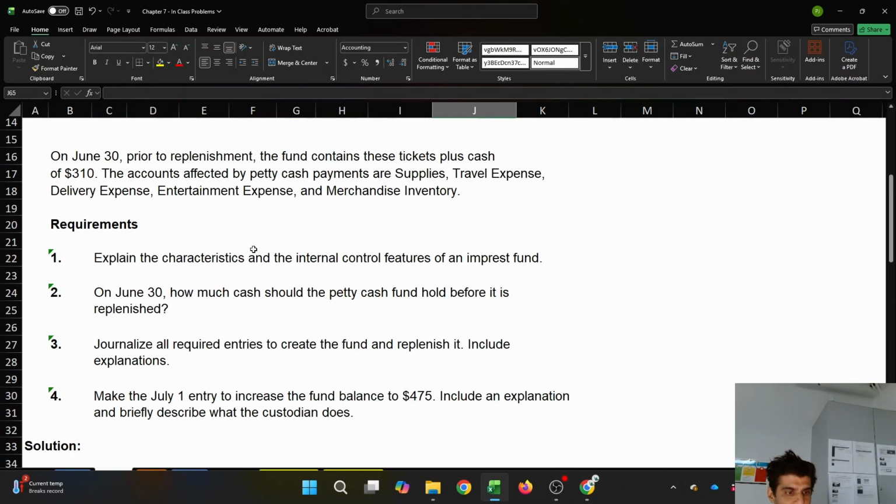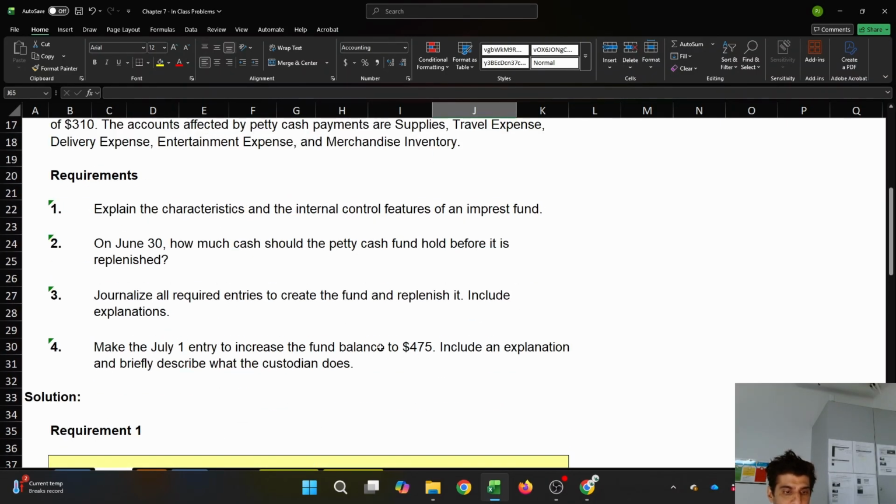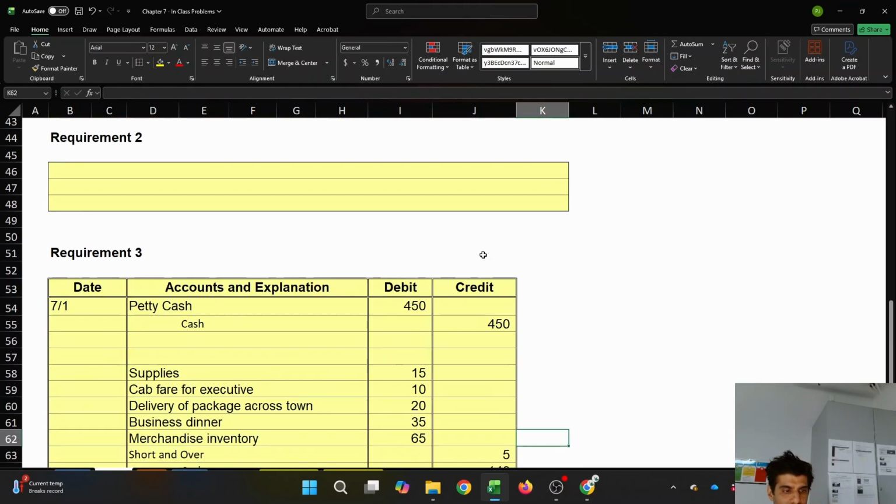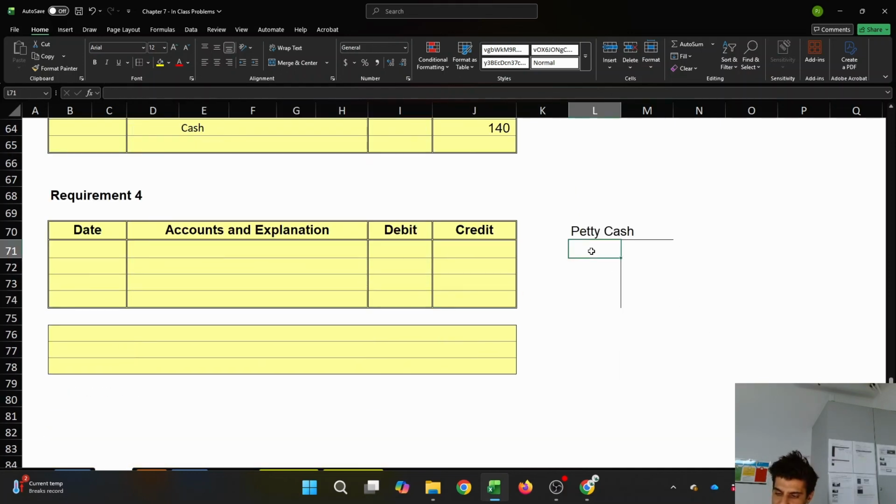Finally, it's saying to increase this balance to 475. Right now, if I go back up to the first journal entry, I have a debit of $450 in petty cash. And what it's saying now is I want to have a balance of 475.